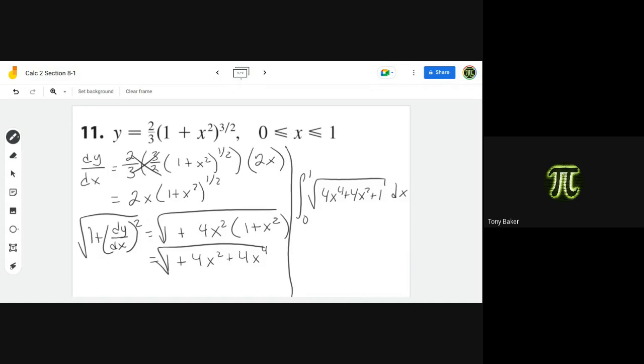I just didn't write the square root a million times. But yes, you have exactly what I have. You just wrote the square root.